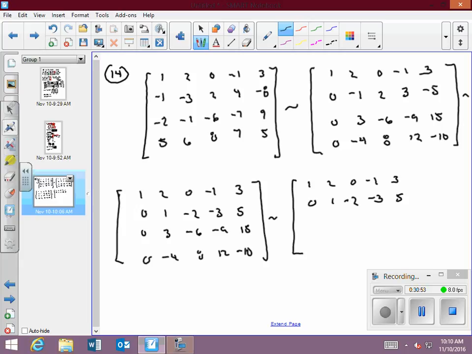So I'm going to multiply the second row by minus 3 and 8. 0, 0, 0, 0. And multiply it by 4, 0, 0, 0. That's 20. This is 10. I think I did something wrong.